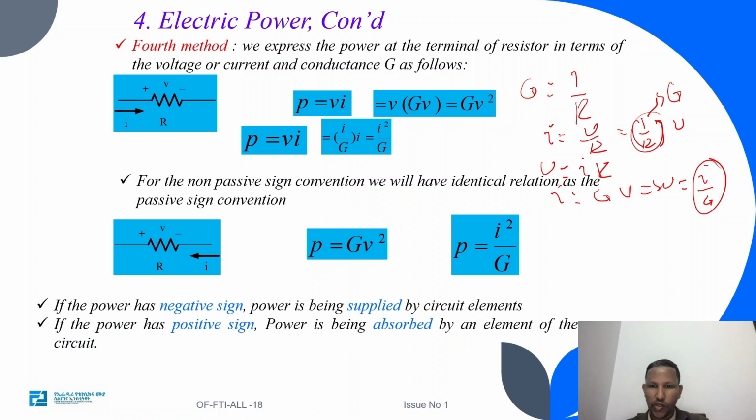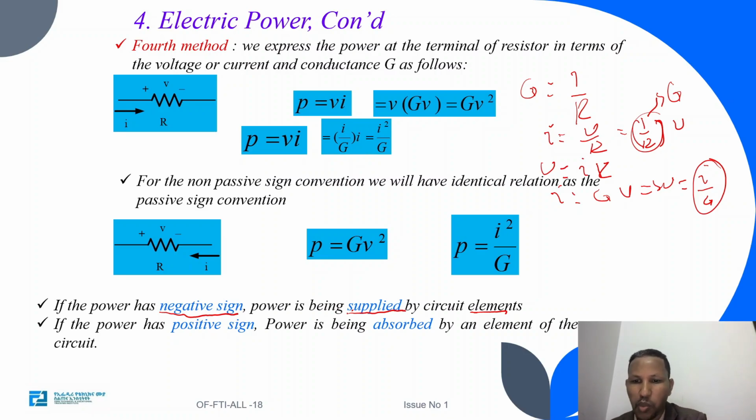One thing you need to consider here is if the power has a negative sign, that means power is being supplied by the circuit element. Most of the time when the source is supplying power to the load, the power supplied by the source is negative.